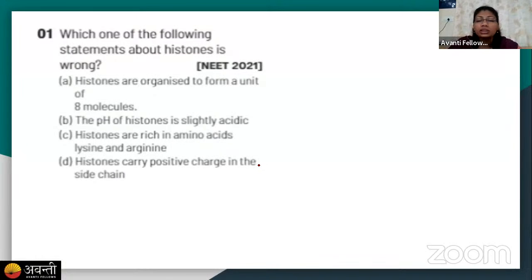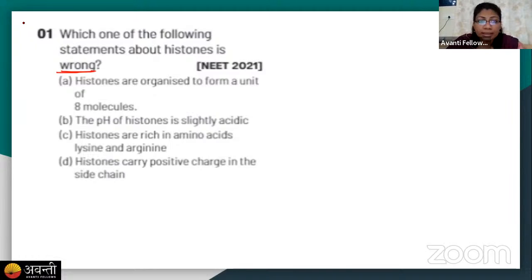So here are some statements given regarding this histone, and we have to find out the wrong one. We are not going to find out the correct one, we have to find out the wrong one. So as you know, 4 different statements are given, out of which 3 have to be right and 1 has to be wrong.